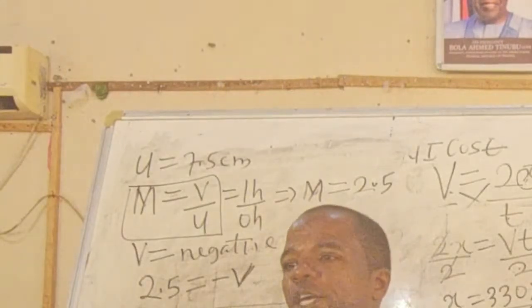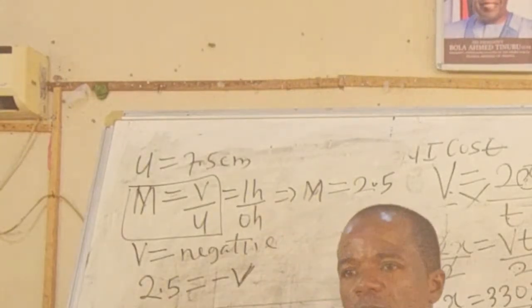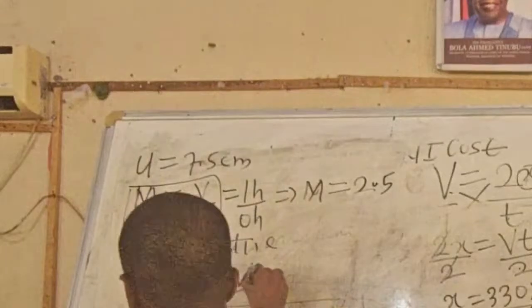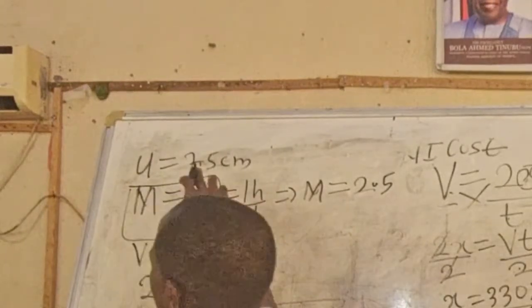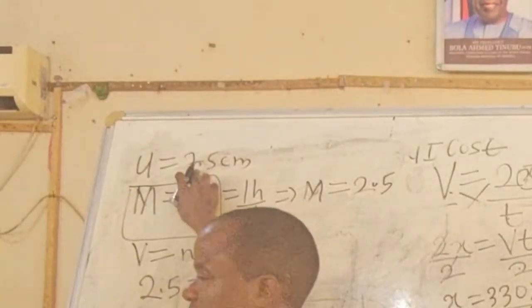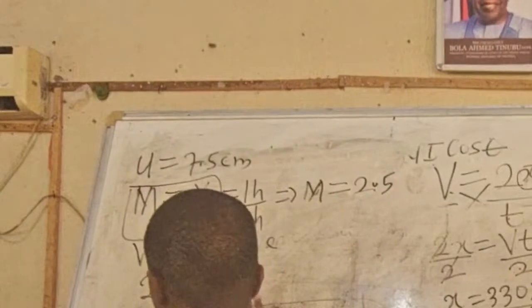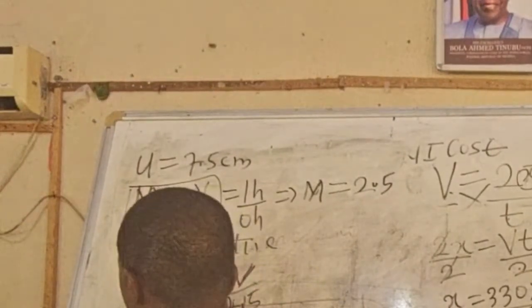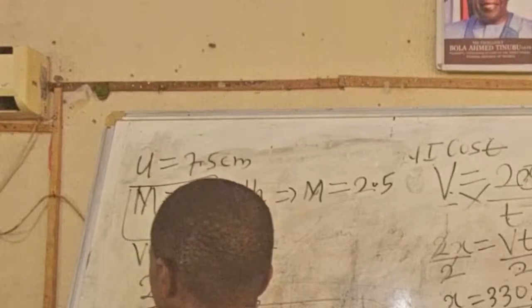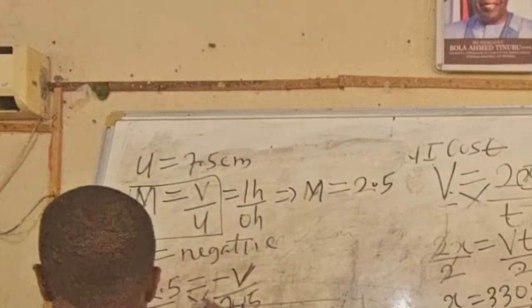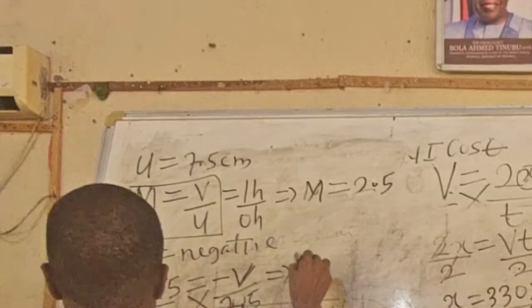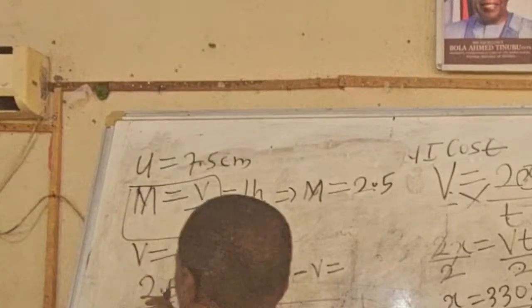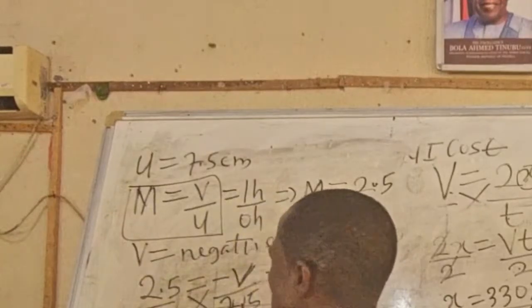All virtual images have negative image distance all over U. And what's our U? That is the object distance. So we can put our 7.5 here. So that's 7.5. By the time we cross multiply, we are left with minus V is equal to 2.5 times 7.5.